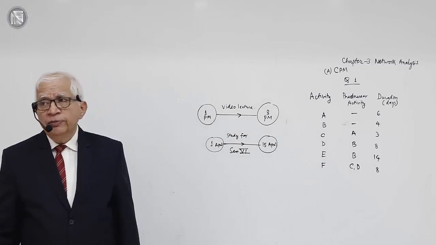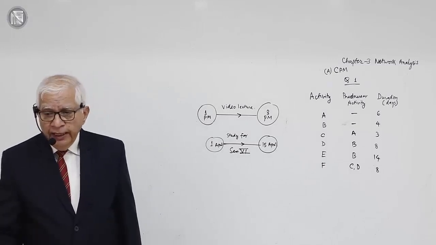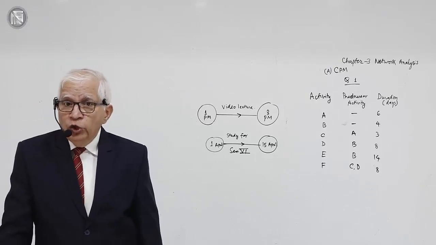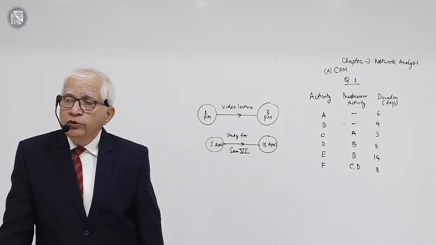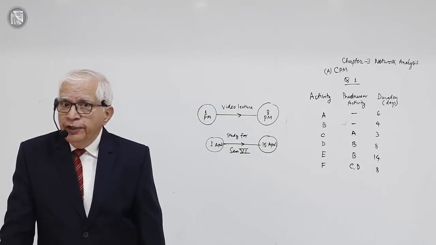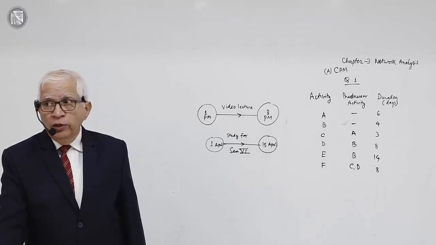What is the purpose of this technique? The purpose of the technique is like this: once you draw the network diagram, you will come to know which are the most important activities in the project, which activities I can afford to delay, which activities I can never delay if I want to complete the project on time, 31st March next year.